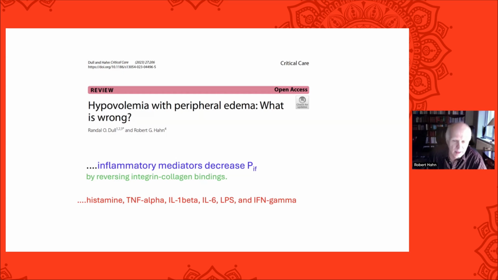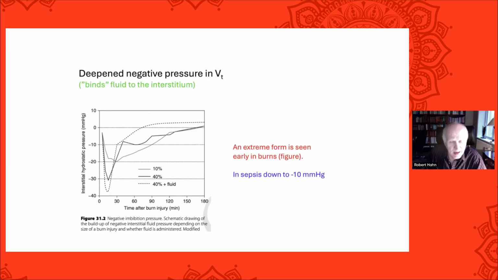It appears to be many of these cytokines and agents that can cause a reduction of the interstitial fluid pressure. The most dramatic change we have in acute burns, as you see here: the interstitial fluid pressure is normally about -3, and here it can suddenly be down to -30.